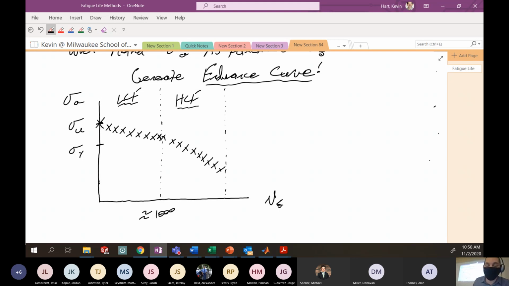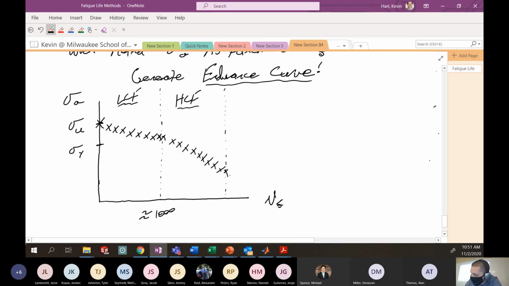There is some stress that we could apply, however, some stress amplitude that is so low that it would never cause failure. All right? Think of like if I very gently touched the top of this table with barely any force. Okay? I could do this a billion times and the table's never going to fail. Okay? So what I mean by that is there is some stress amplitude where you will never fail in fatigue.